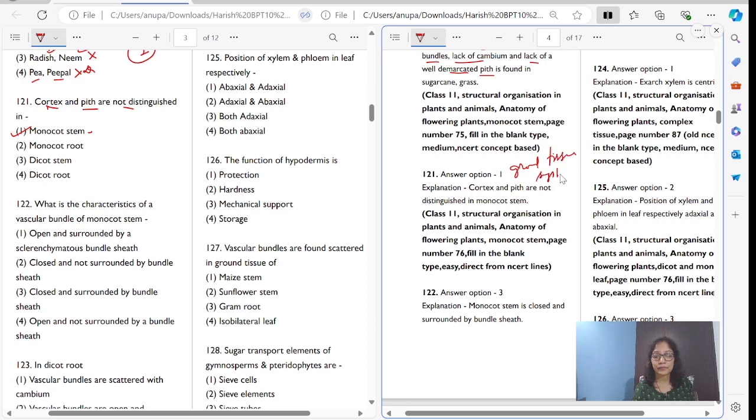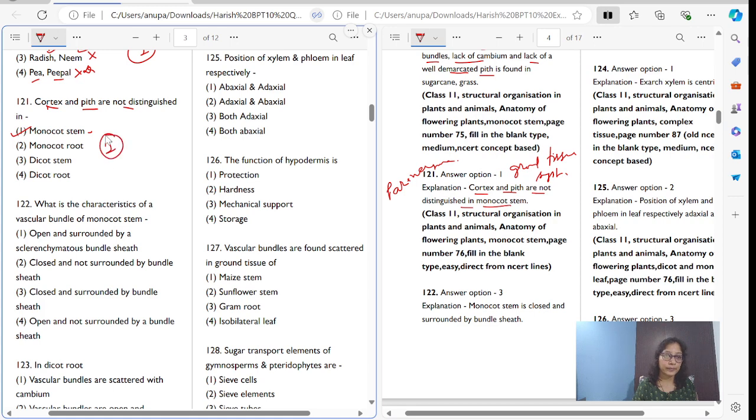It means that cortex and pericycle form a single mass of parenchyma, and the vascular bundles are also scattered. Hence, cortex and pith are not distinguished in monocot stem. So the answer for this question will be option number 1, that is monocot stem.